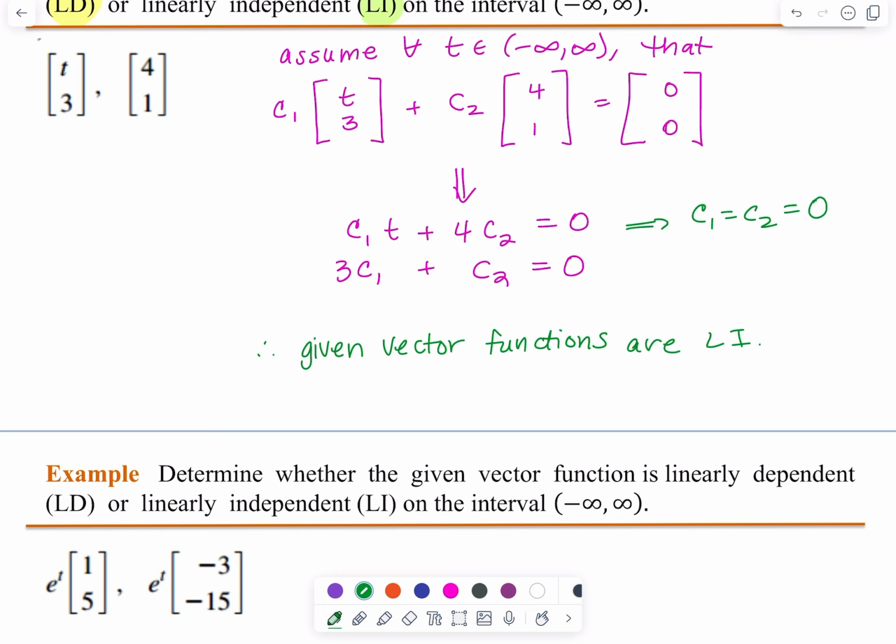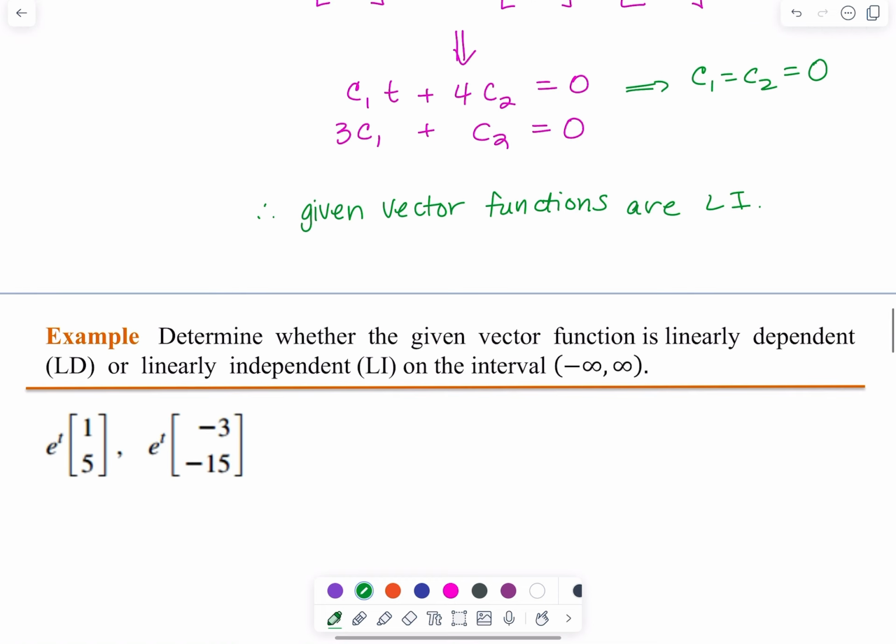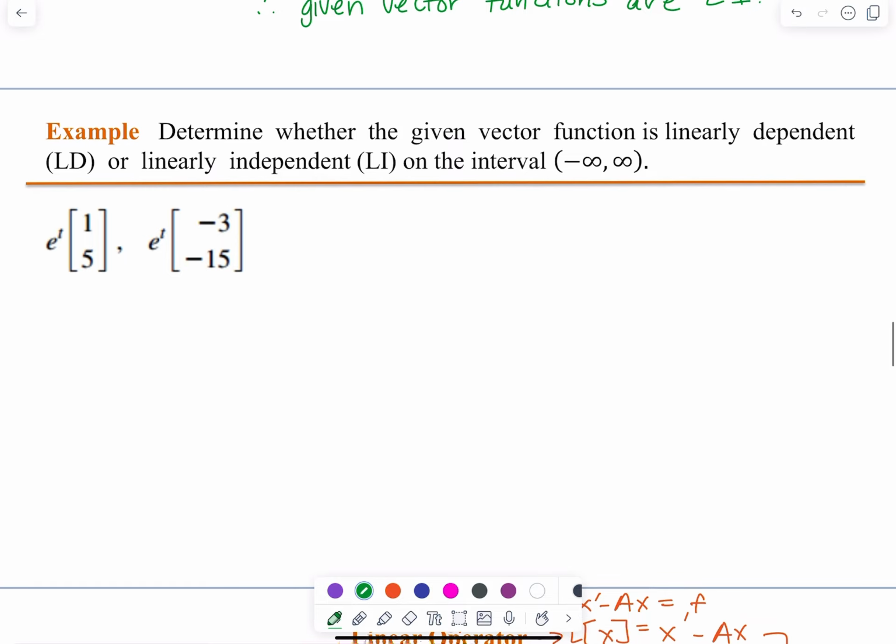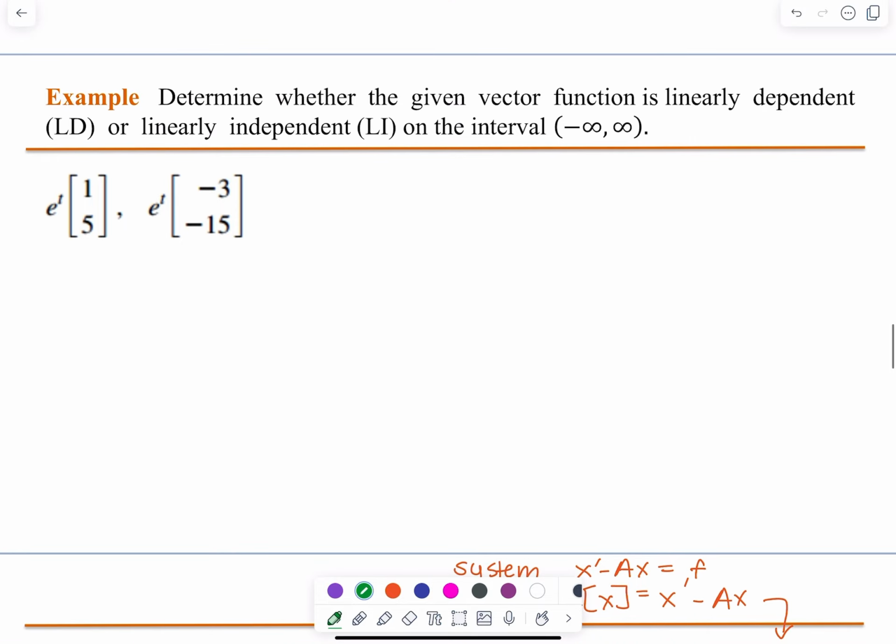Let's take a look at the next example. Determine whether the given vector function is linearly dependent or linearly independent on the interval negative infinity to infinity.